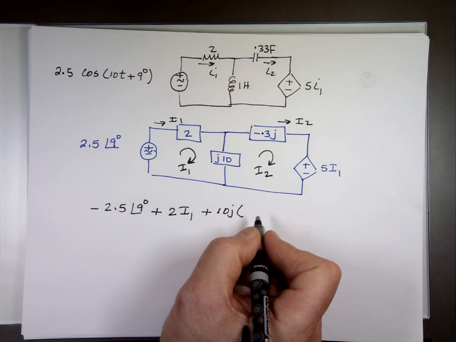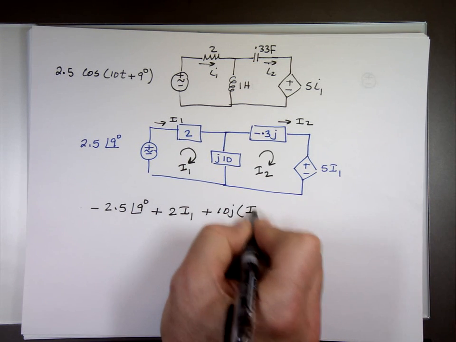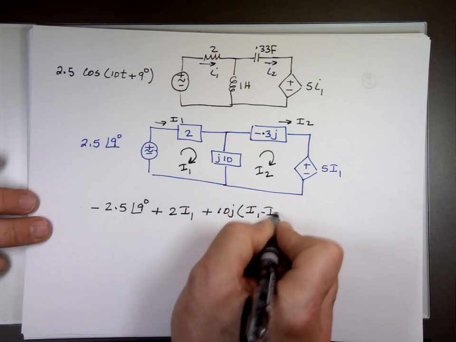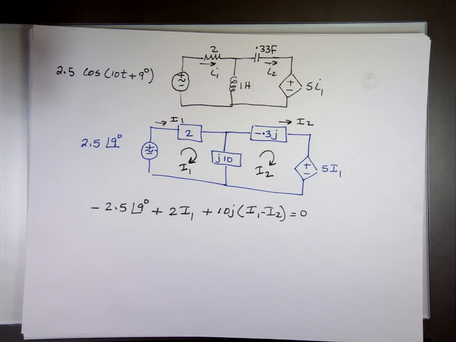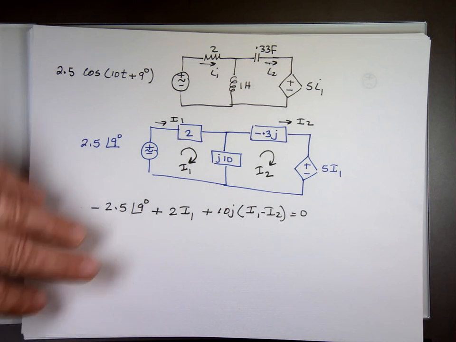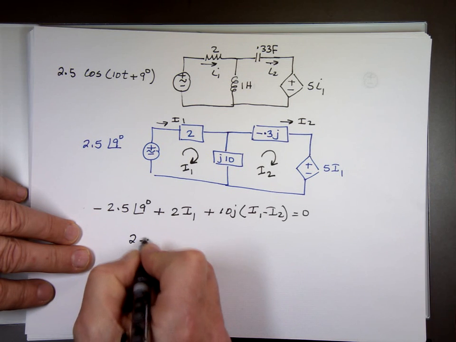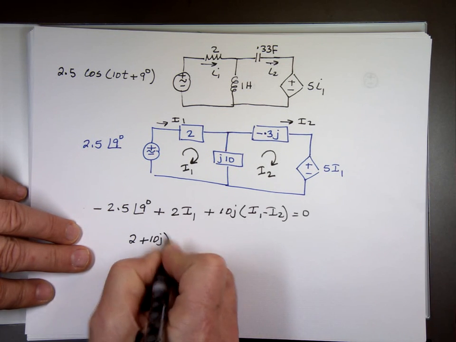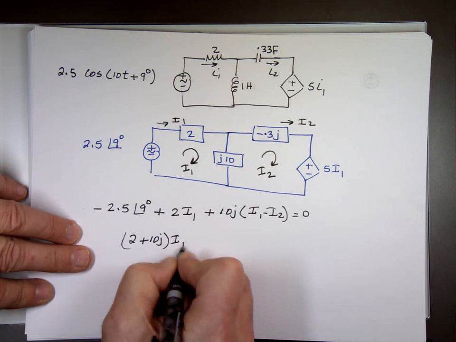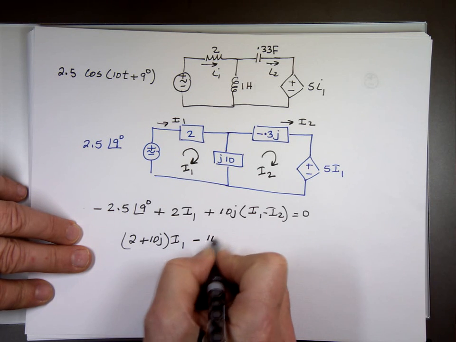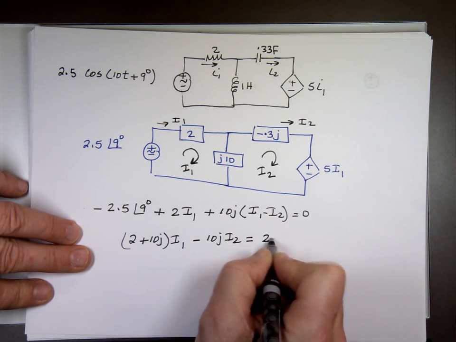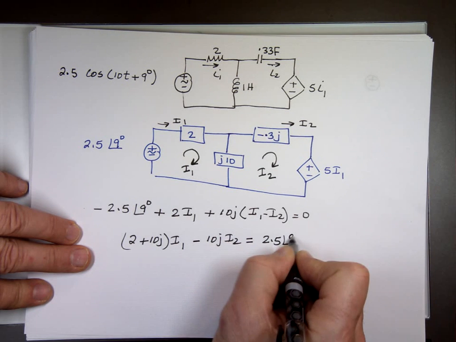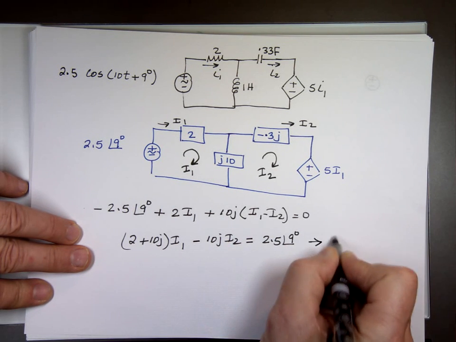I sub 1 minus I sub 2. Yep. Let's clean it while we're here. For I sub 1, we get 2 plus 10J I sub 1 minus 10J I sub 2 equals 2.5 angle 9 degrees. That's equation number 1.